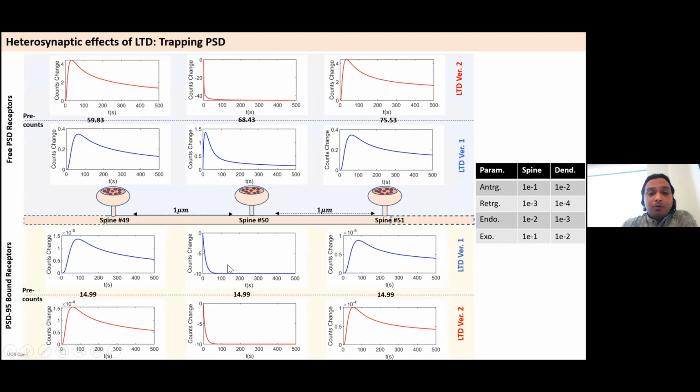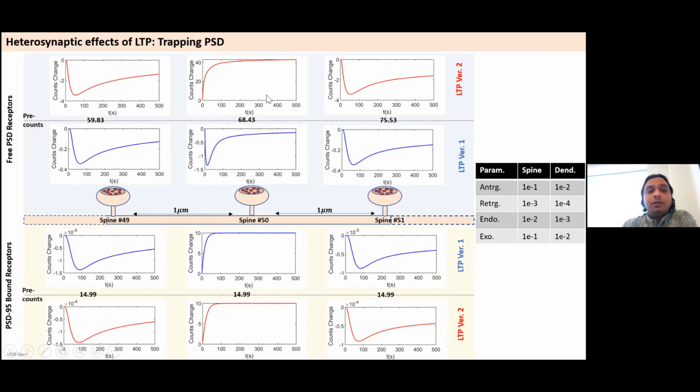In the case of bound counts, we don't see much heterosynaptic effects because the PSD95 bound receptors are already saturated to their maximum binding slot proteins. And similarly, we observe in the case of trapping PSD that the LTP version 2, where the spine head enlarges, has a stronger heterosynaptic effect.